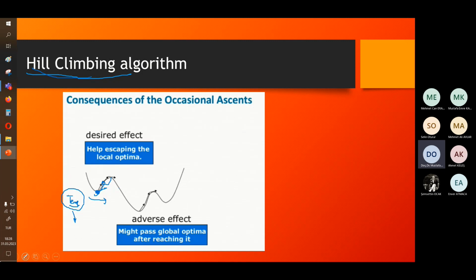In hill climbing, if you remember, the search process was in a loop, and in each loop we produced a candidate solution and rejected or accepted it.